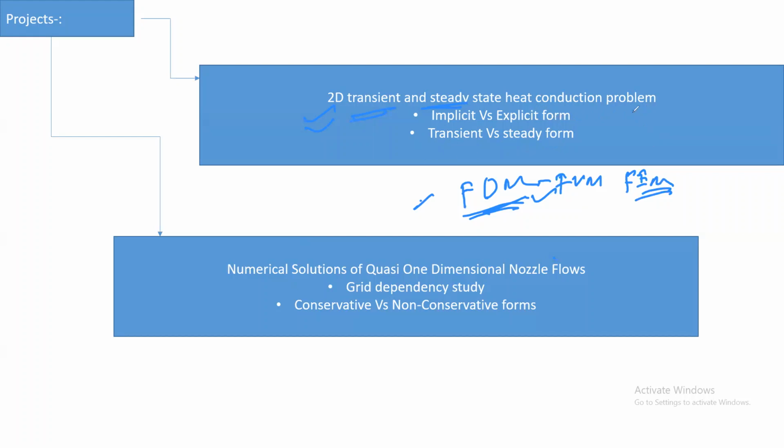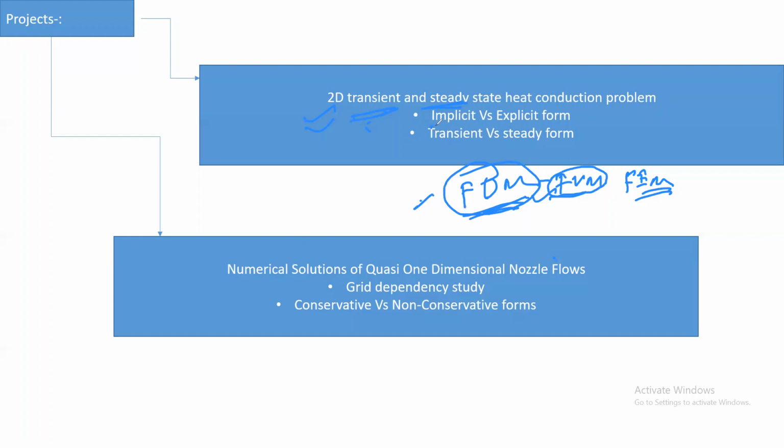Mostly, to solve this 2D transient and steady state heat conduction problem, I will be using the finite difference method. And when we move to the OpenFOAM course, I'll use the finite volume method for this problem.